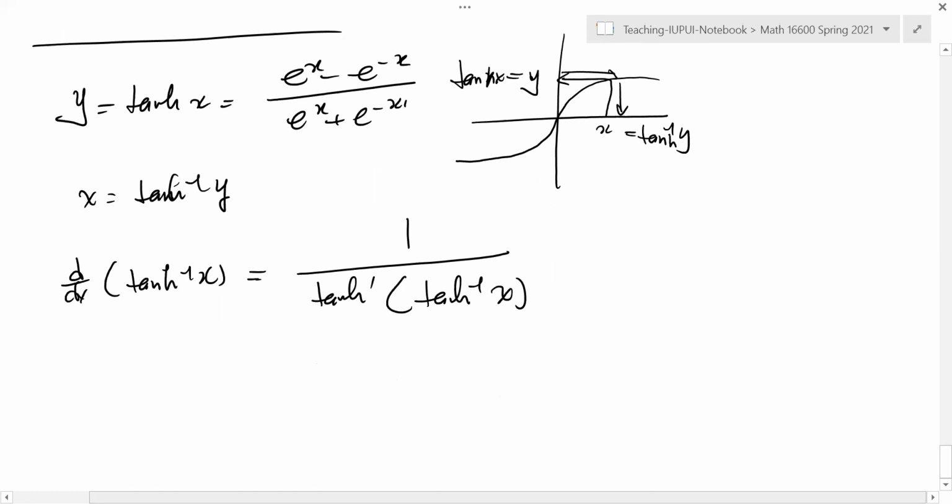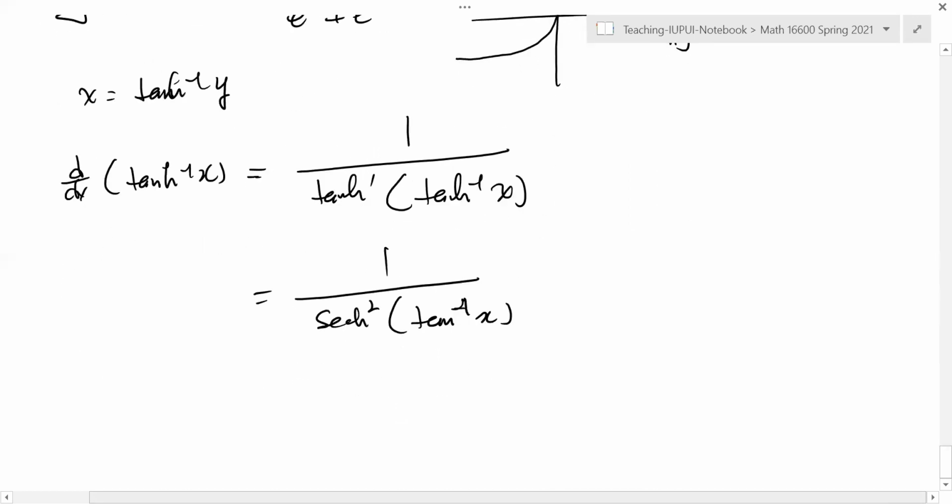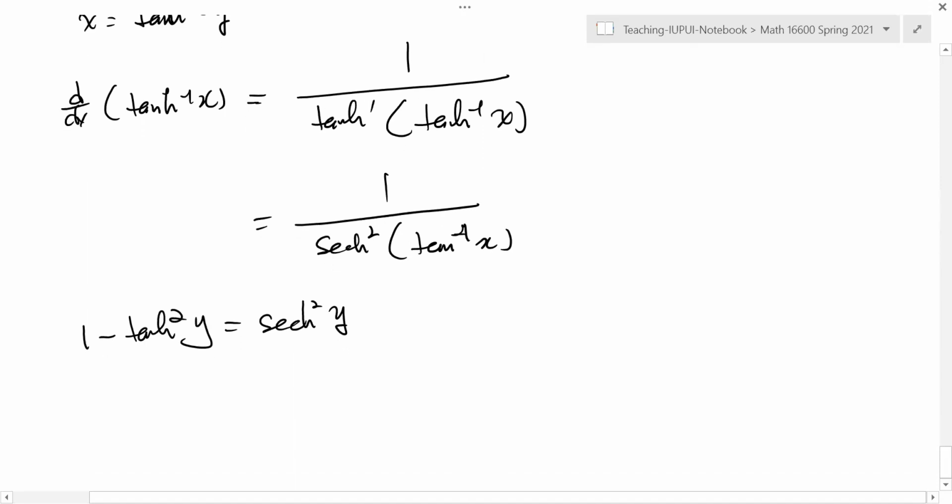The derivative of hyperbolic tangent x is going to be hyperbolic secant squared. But we know that 1 minus hyperbolic tangent squared equals hyperbolic secant squared. It's not the inverse, just a square. Using this identity, put y in this place.